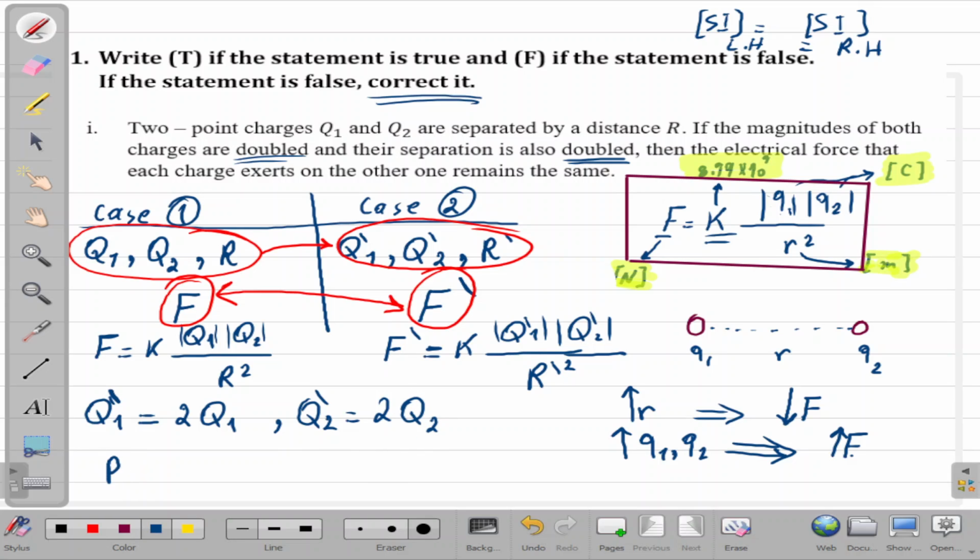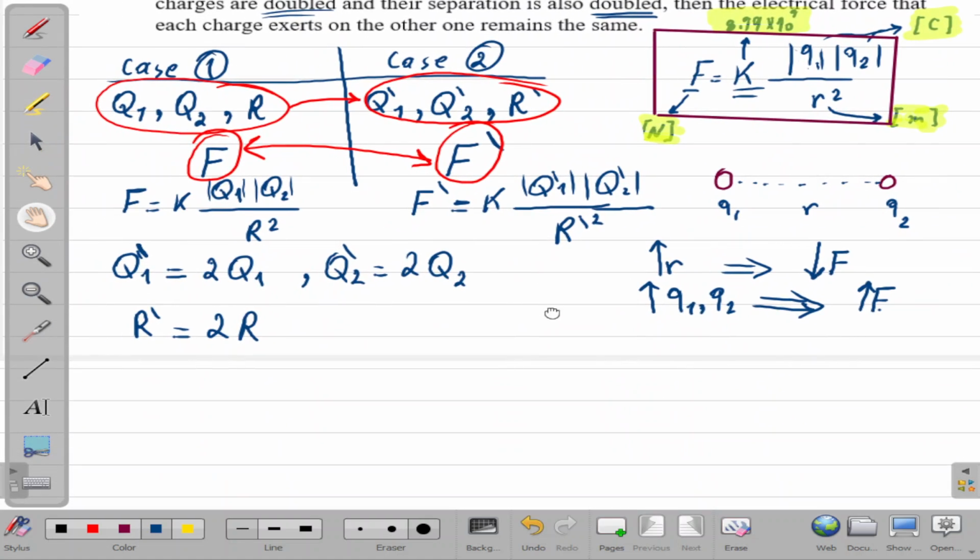And the new separation is equal to double the old separation. Now, in order to find the relationship between the first force and the second force, what we are going to do is replace Q prime 1, Q prime 2, R prime with these old values.